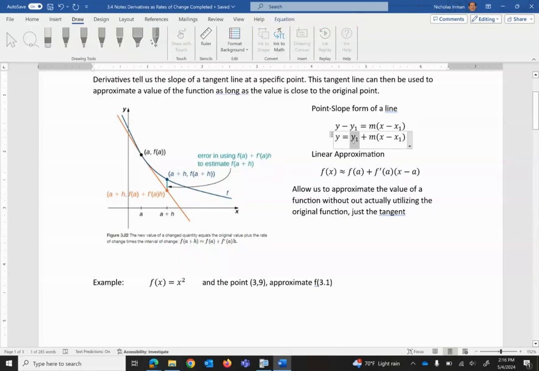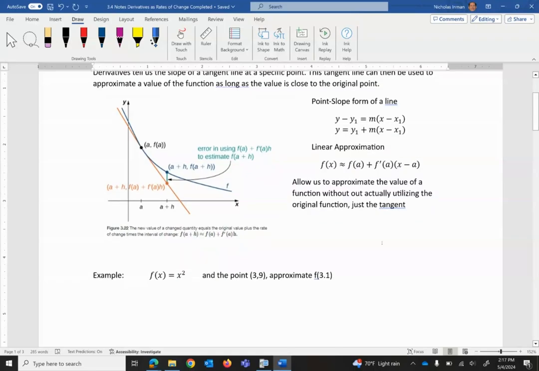Well, y1 is just like f of a, f of some x value. m is the slope of our tangent line at that point, so f prime of a. And x1 is the a value. I have an approximation here, almost equal to the original function. So your original function will be very close to this tangent line approximation.